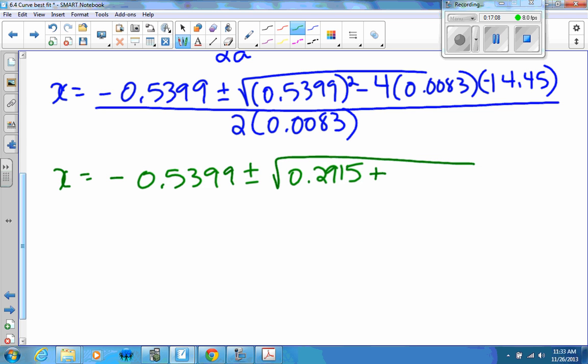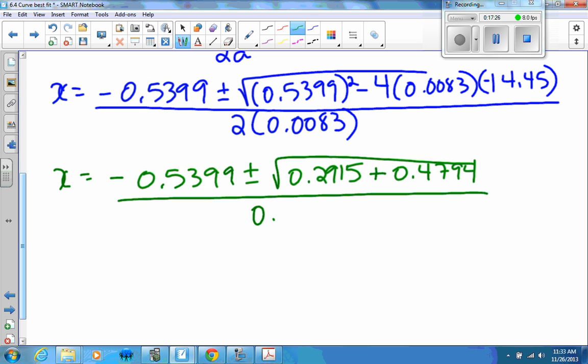So if I multiply 4 times 0.0083 times 14.45, I'm going to get 0.4797, all divided by 2 times 0.0083, and that's 0.0166.